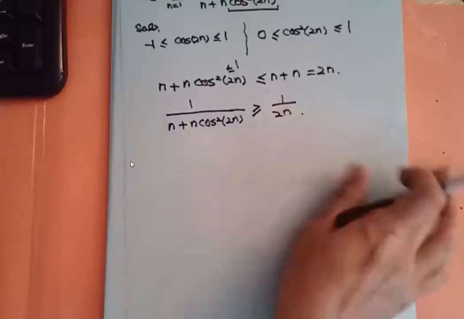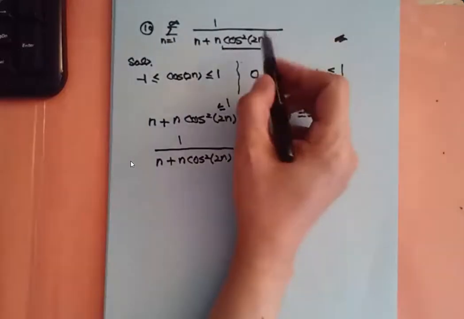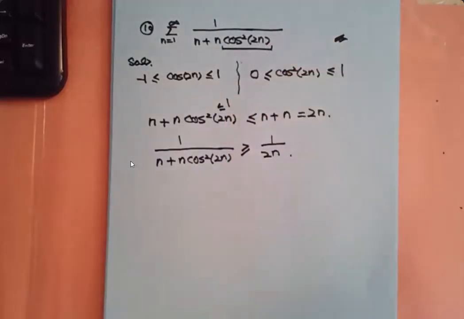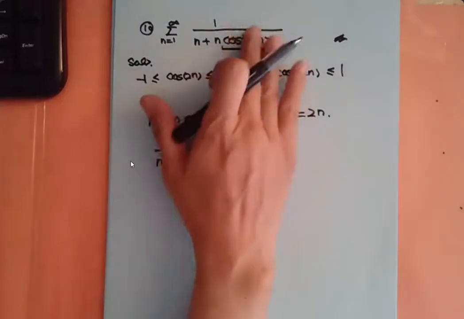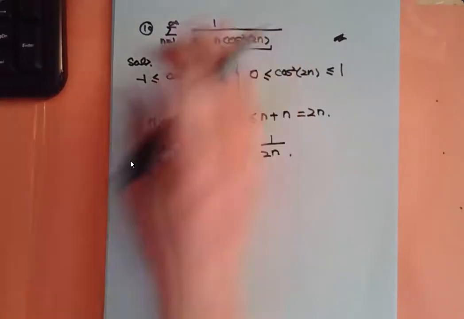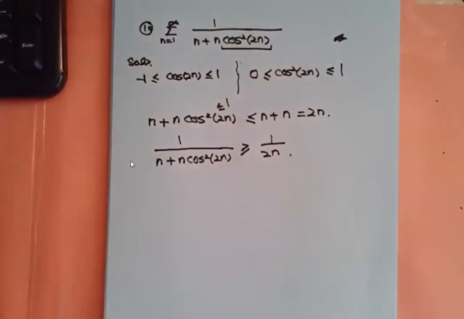So if a cosine appears, then you would think about just bounding it by 1. And then think about what is going on with this one. It is 1 over 2n, and then probably it will diverge.